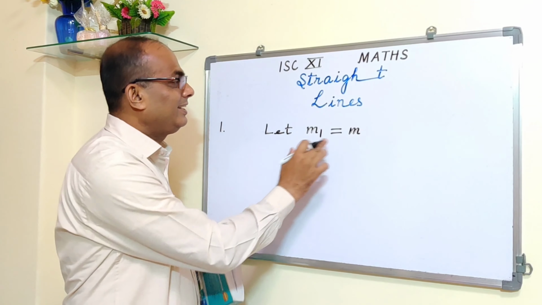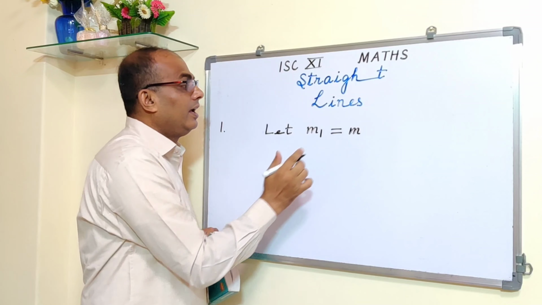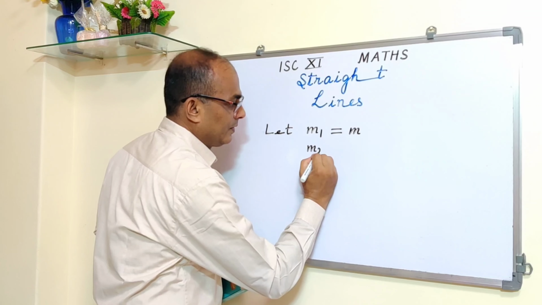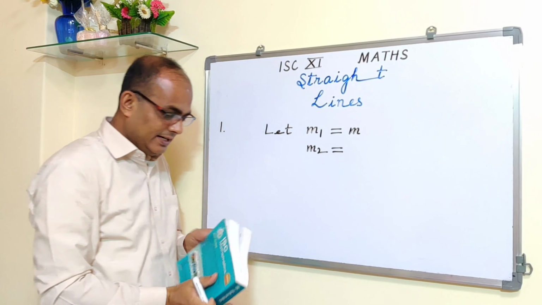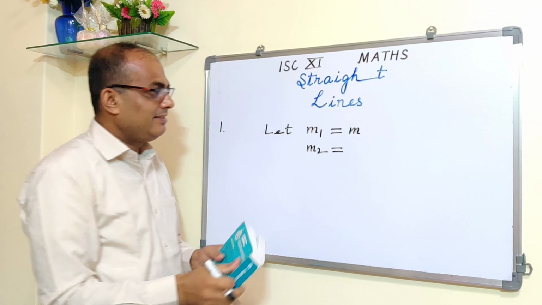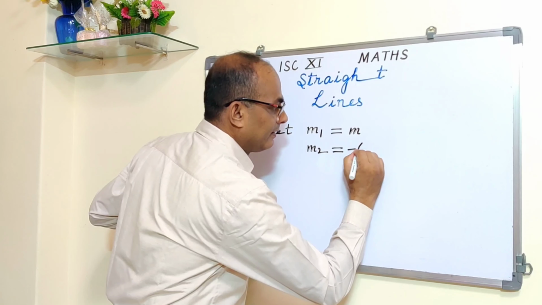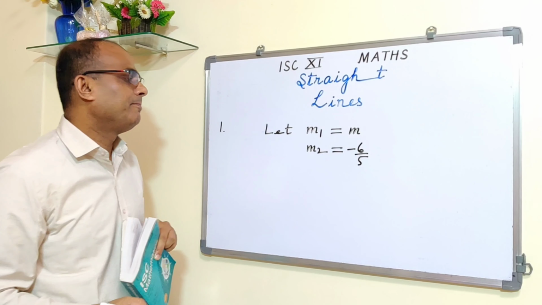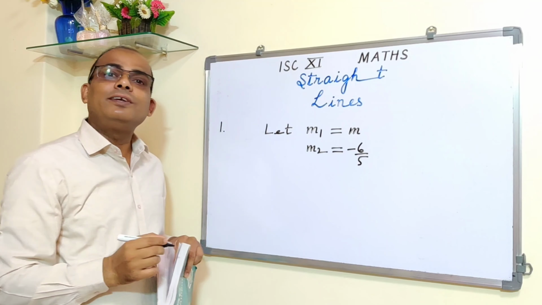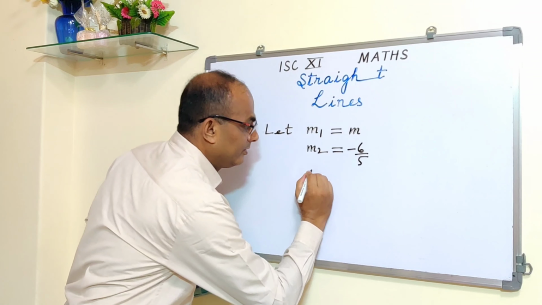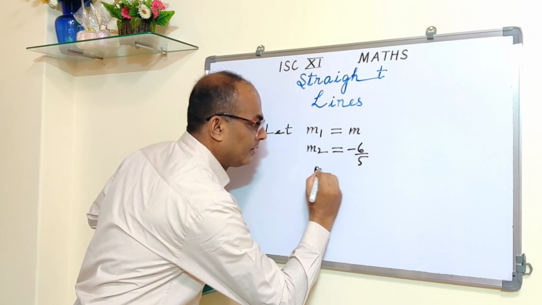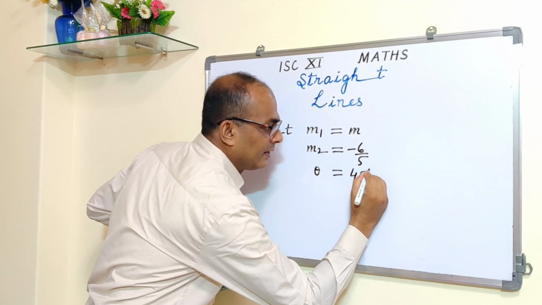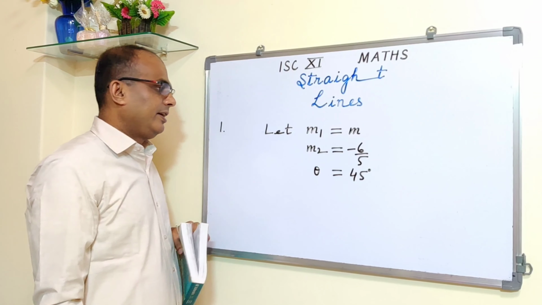So m1 we are taking as m, this we have to find out. m2 is given, and that is minus 6 upon 5. And the angle between them, theta, is also given. Theta is equal to 45 degree.